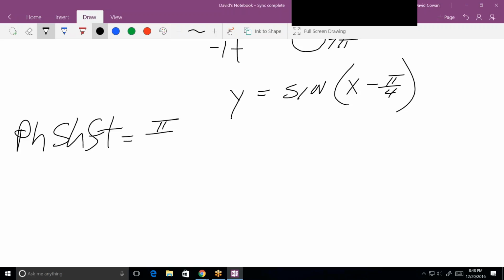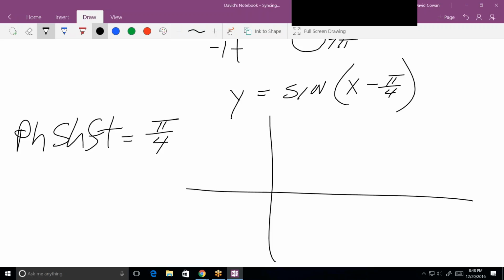To the right, correct? Yeah. So I would take my sine curve, which goes from 0 to 2 pi, and I would shift it pi over 4 to the right. So the very first point comes at pi over 4, not 0.